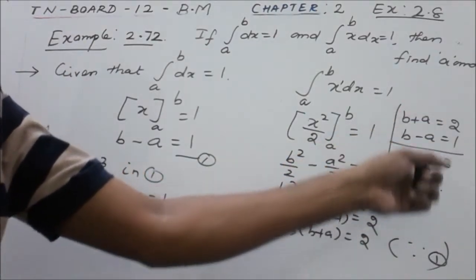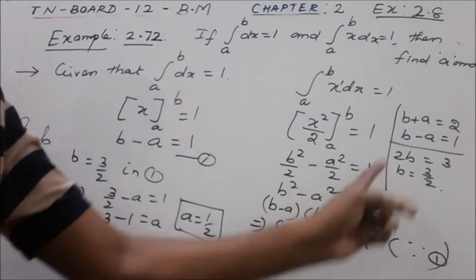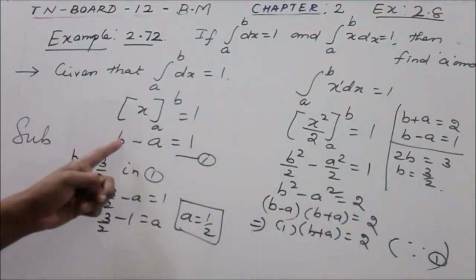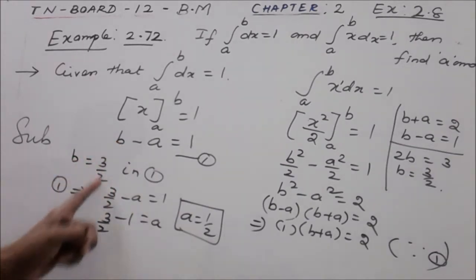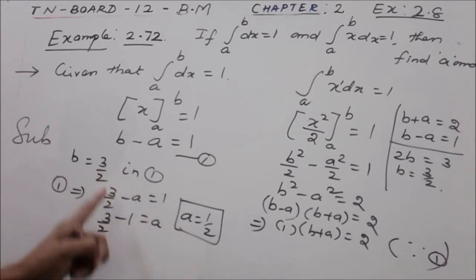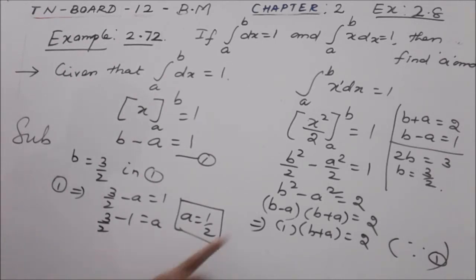Adding these two results, a gets cancelled, 2b equal to 3, then b equal to 3 by 2. Substituting b equal to 3 by 2 in equation 1, 3 by 2 minus a equal to 1. Now interchanging the terms, 3 by 2 minus 1 equal to a, so 3 by 2 minus 1 is 1 by 2, that is a equal to 1 by 2. Therefore the values of a and b are 1 by 2 comma 3 by 2.